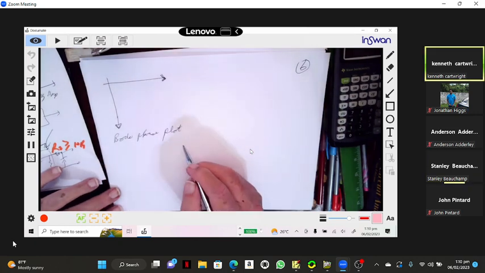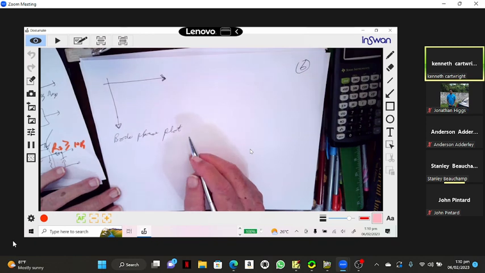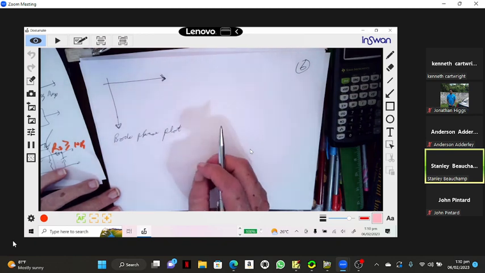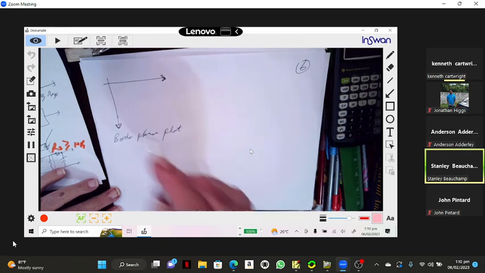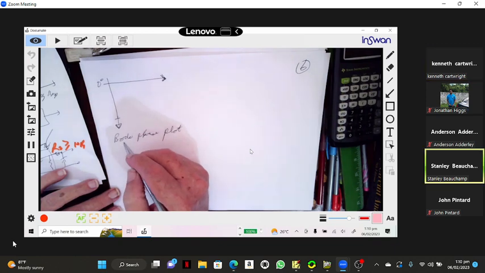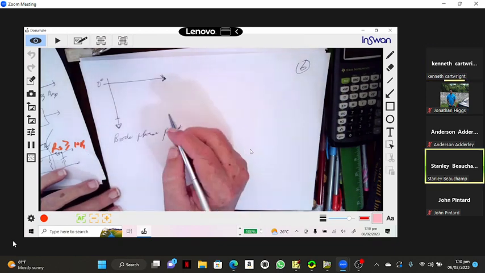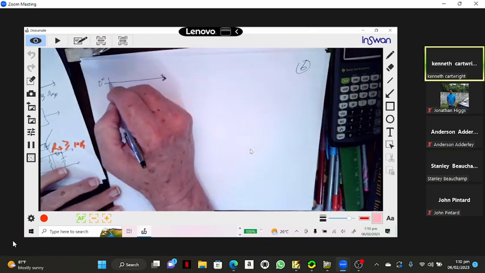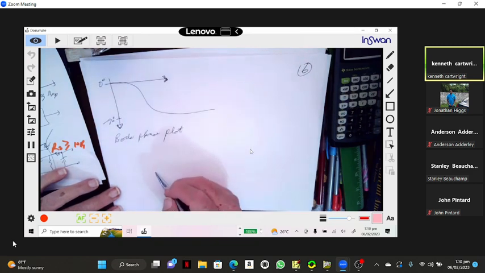All right. Where does it decline from? From 0 degrees. From 0 degrees to what? To negative 90. Yes. Okay, so it looks like this.